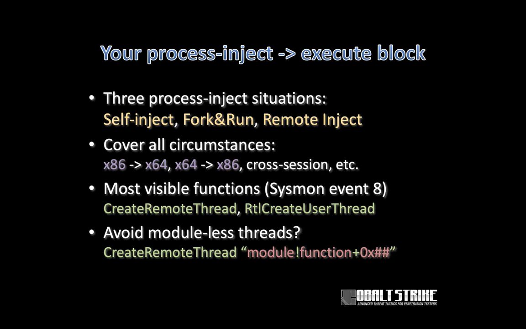You can avoid creating these kinds of threads by doing CreateRemoteThread with a module name, a function name, and an offset. When you use CreateRemoteThread or CreateThread in this way, Beacon will create a thread in a suspended state, update it via SetThreadContext to run what you want, and then resume that thread. And so that is a method to push back on this kind of point-in-time analysis.